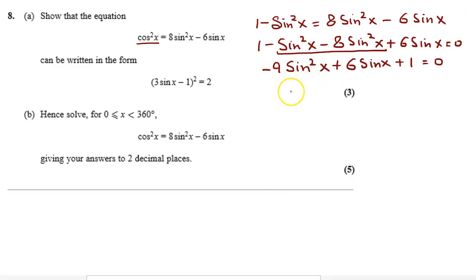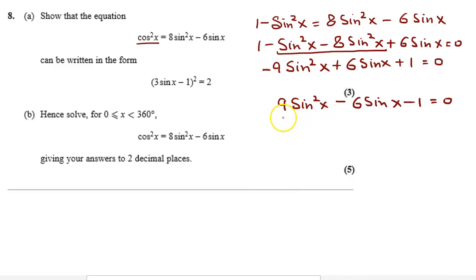Or we can write 9 sin^2 x minus 6 sin x minus 1 is equal to 0. I have changed the sign. Although there is no need, you can solve it just like that, but if you feel comfortable, that is okay.